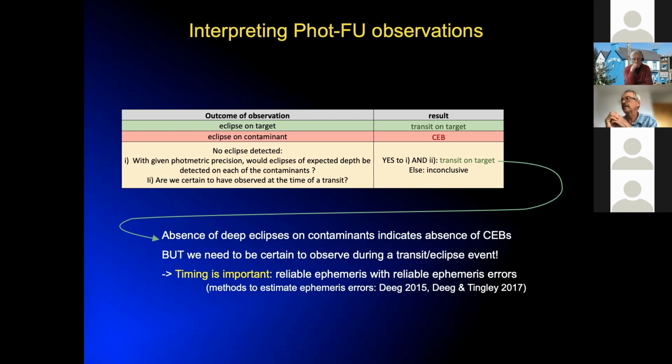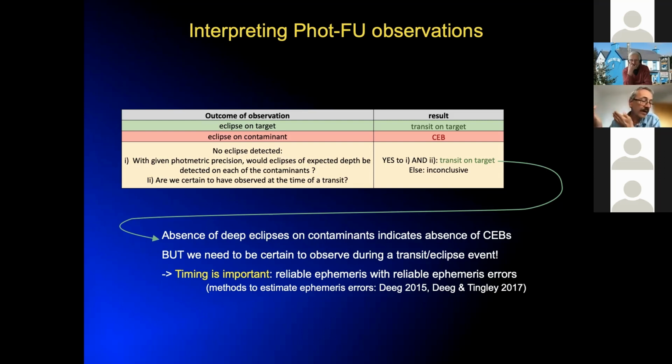That's one question. And the other question is, are we certain to really have observed at the time of the transit? Have we observed at the correct time? Are we certain, if we observe these few hours in this night, that there must have been a transit or an eclipse? Only if we can answer yes to these 2 questions, and we don't see an eclipse or anything in our data, then we can really conclude that the transit cannot be on any of the nearby contaminants, hence it has to be on the target.